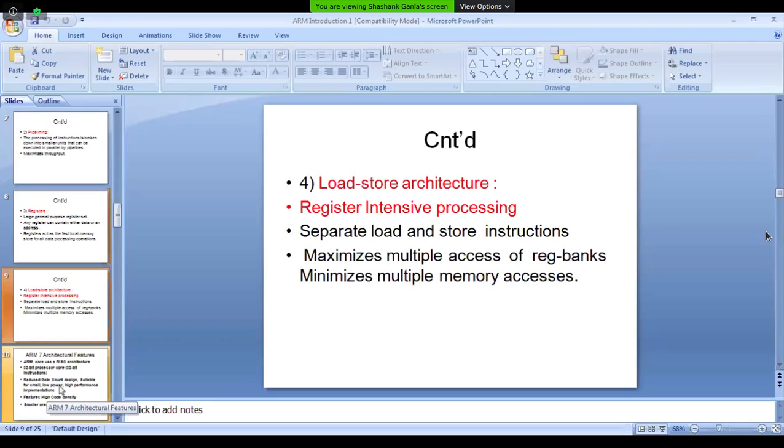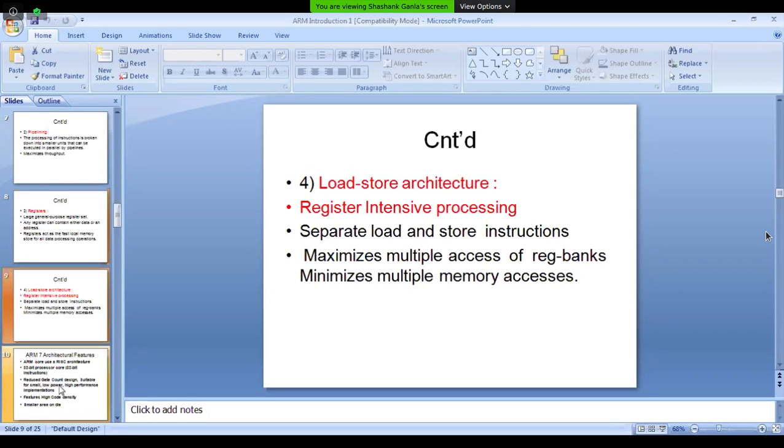Any more questions regarding the 4 slides and whatever I've discussed in these 4 slides? No questions then?